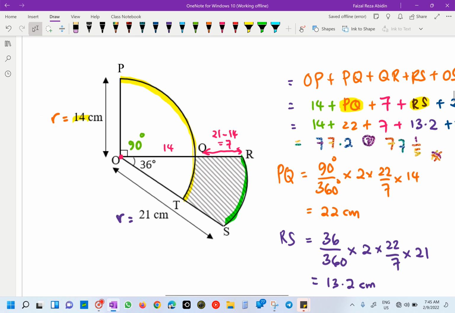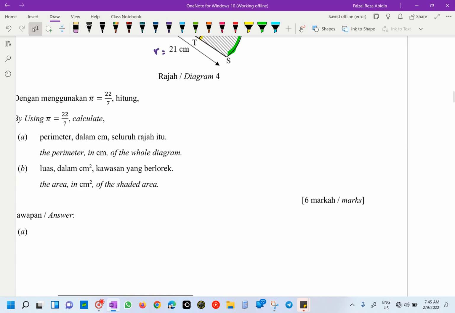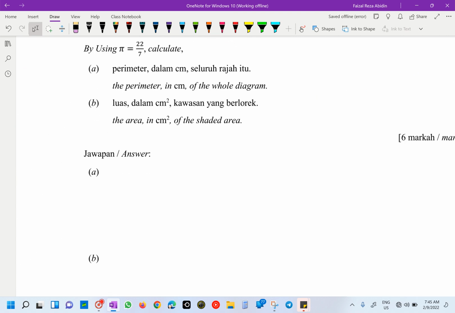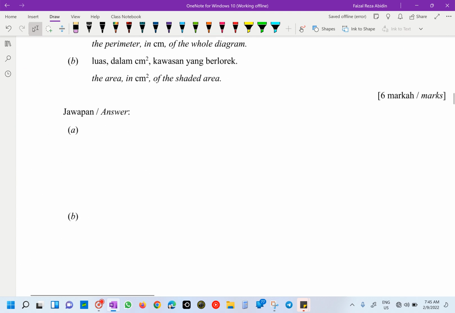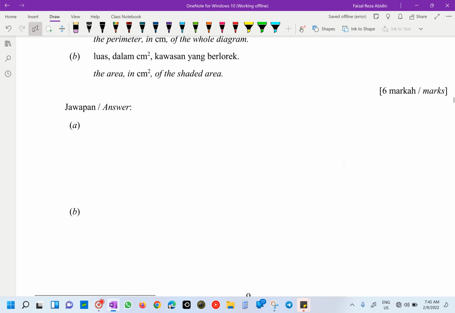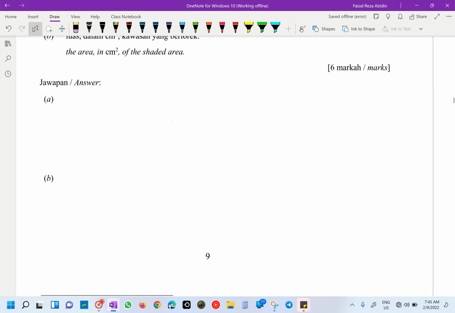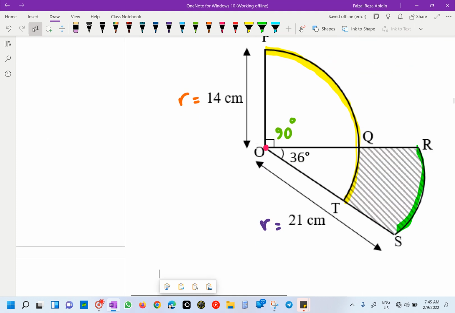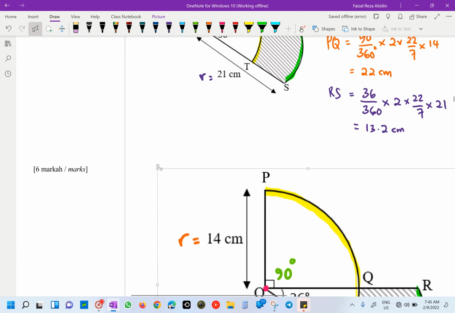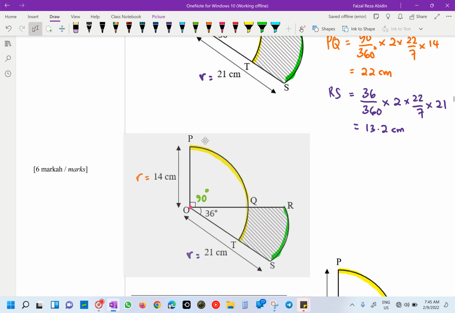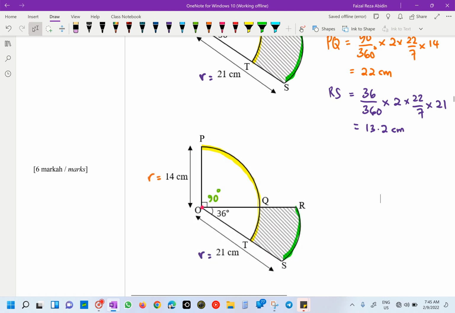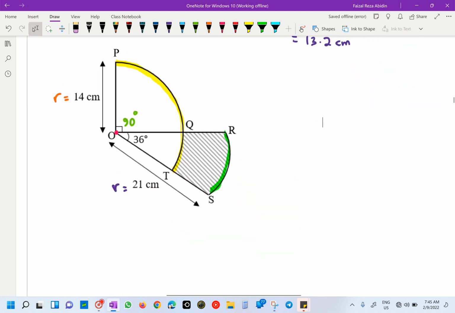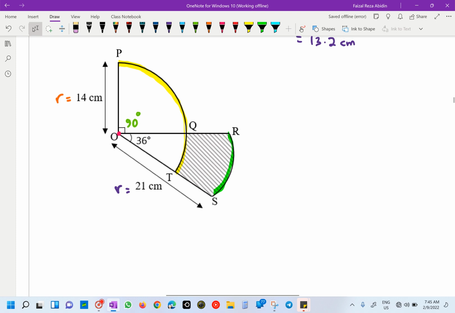Okay. Next, we are going to look at our area. Okay. How did we want to find our area? Okay, just now. Wait. I'm going to put here lah. Okay, so we are going to find our area for the shaded region.